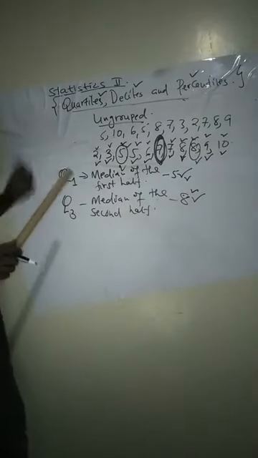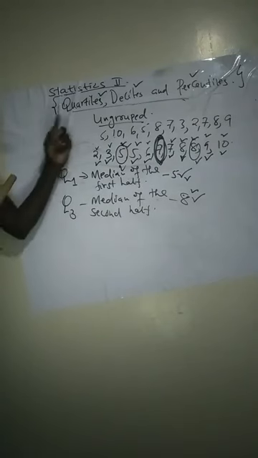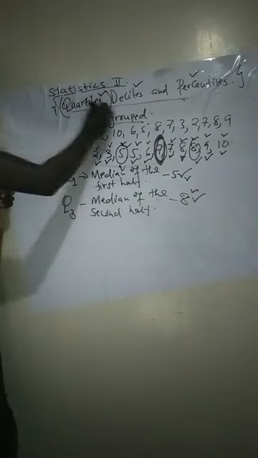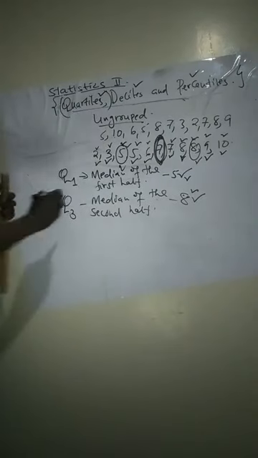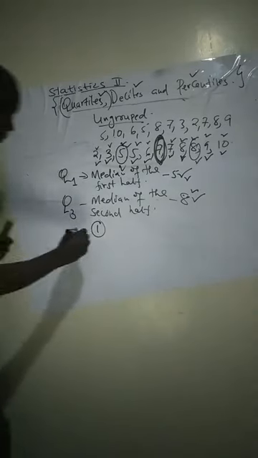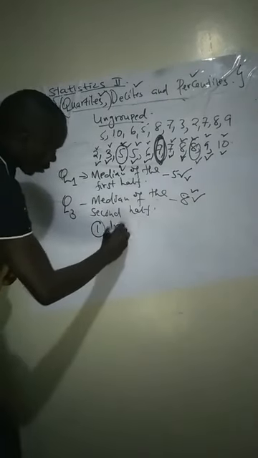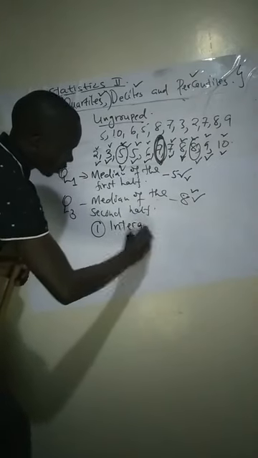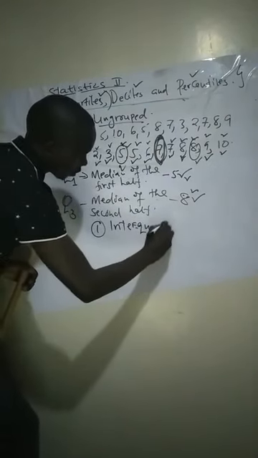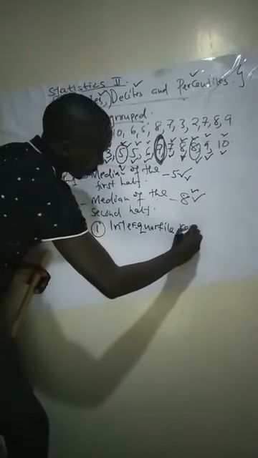Now, there are two terminologies which are going to be very important with respect to quartiles. Let me give one, then I'll give the other one later. We have the interquartile range.